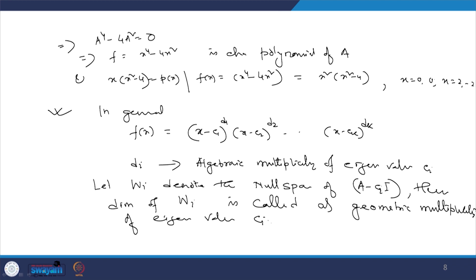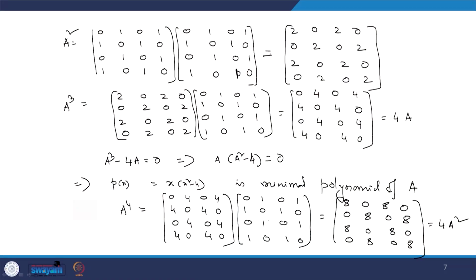1, but what about the geometric multiplicity of x equal to 0? So, in that case I have to basically calculate the rank of this matrix here, because x equal to 0. I can see here A is equal to the matrix 0 1 0 1. So, it is repeated. So, only 2 linearly independent rows will be there.